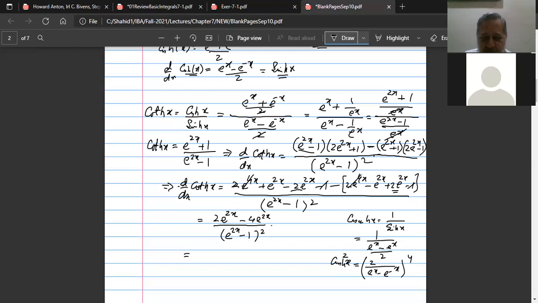Denominator is square, denominator as it is, derivative of numerator minus numerator as it is, derivative of denominator.